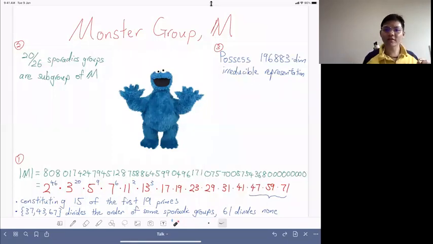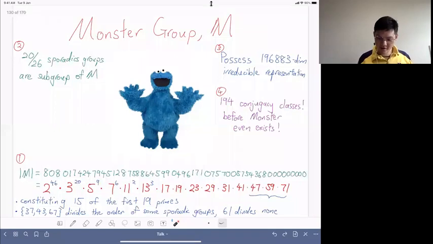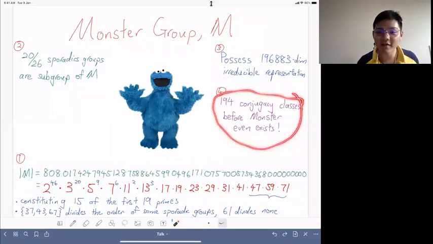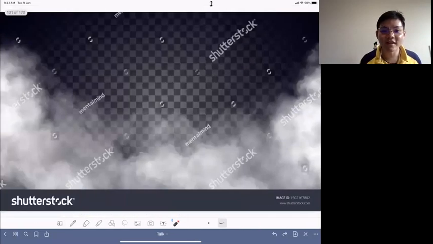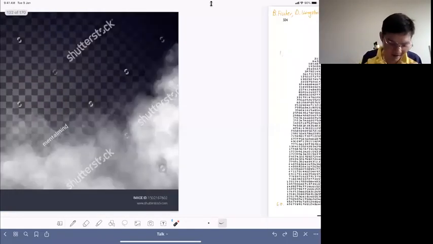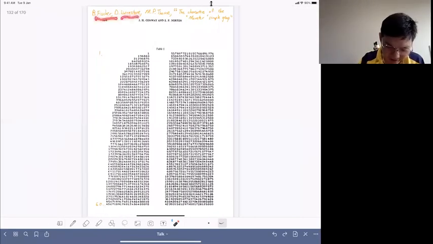And what else? They also computed that there are 194 conjugacy classes, even before the monster existed. They did it in a smoke-filled room in Birmingham, done by Fisher, Livingstone, and Thorne. And this is the list of it.